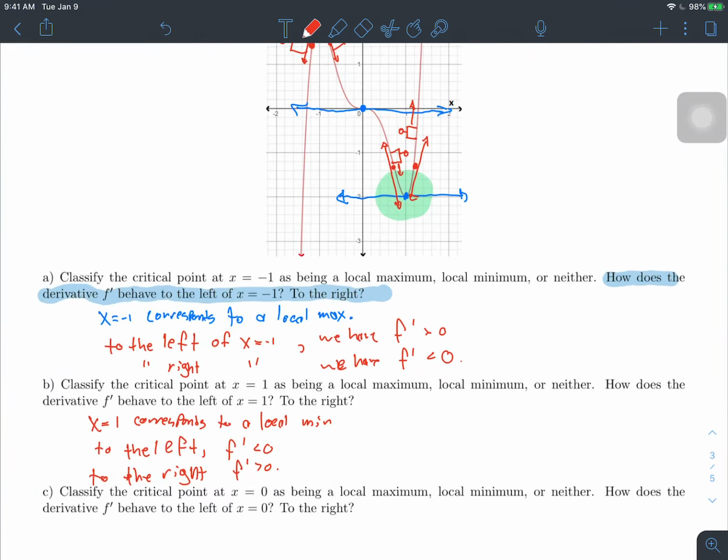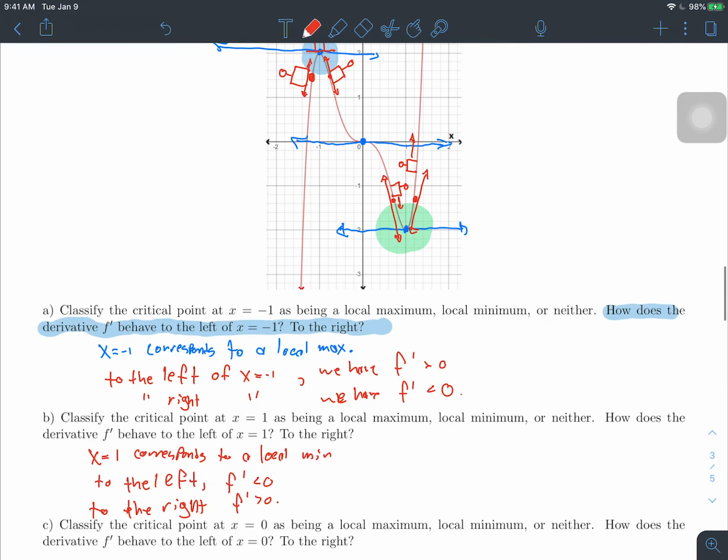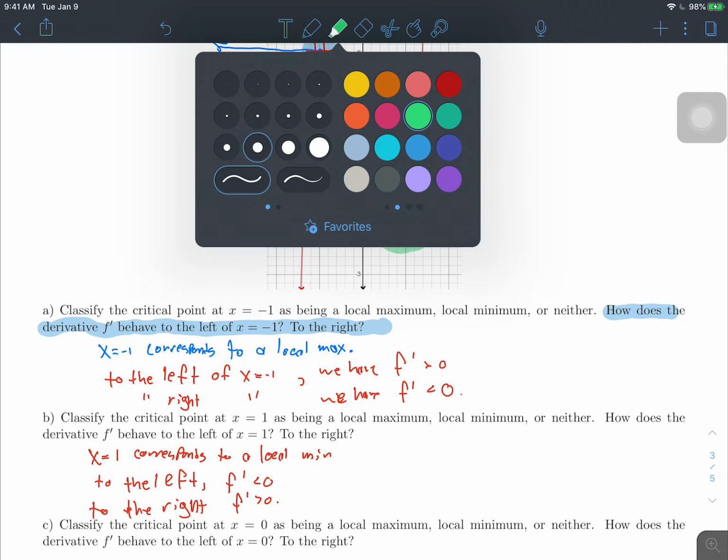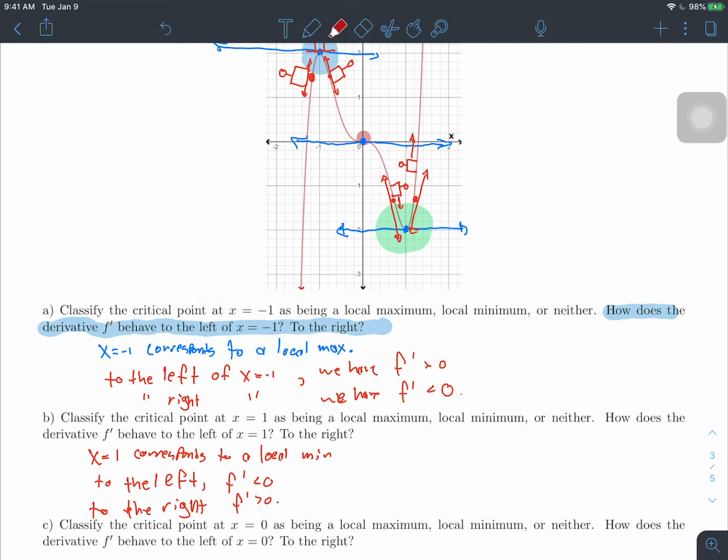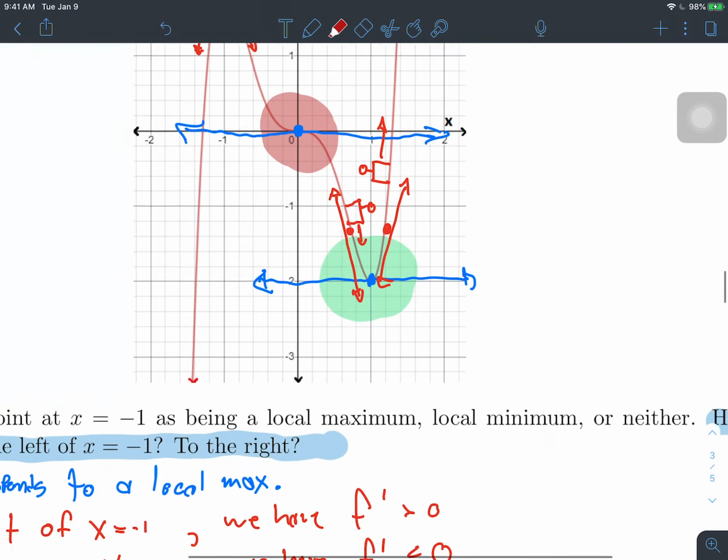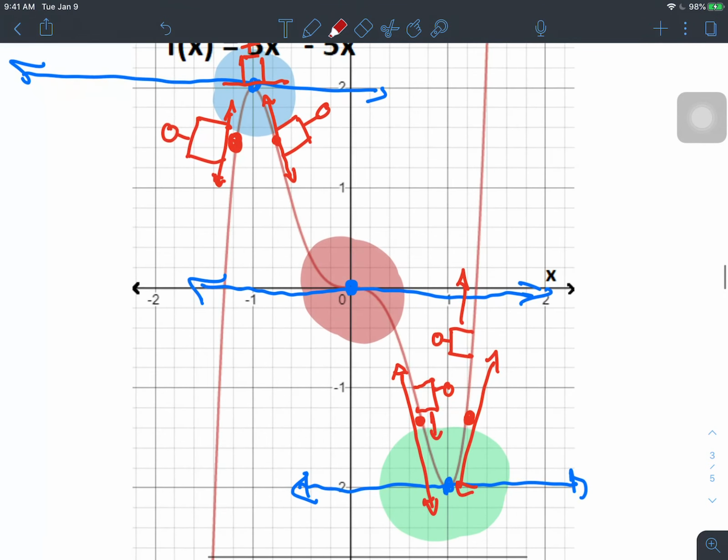All right, let's talk about the problem child. The problem child is this critical point here in the center. What do we think? Local max? Local min?